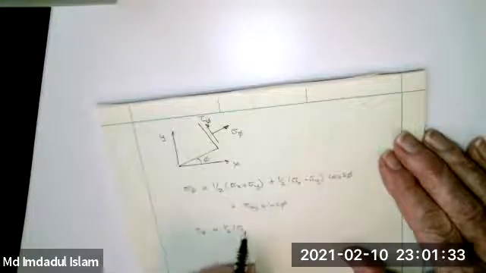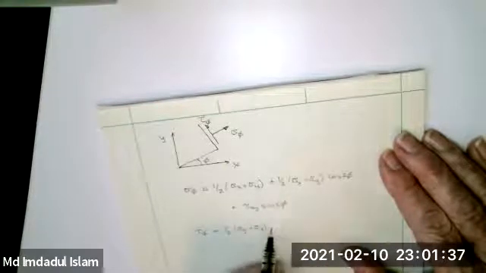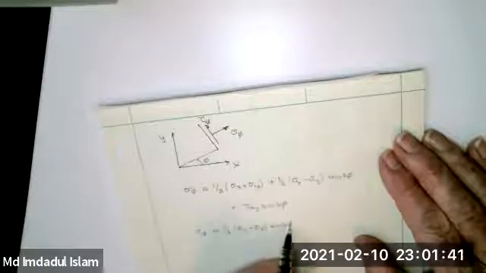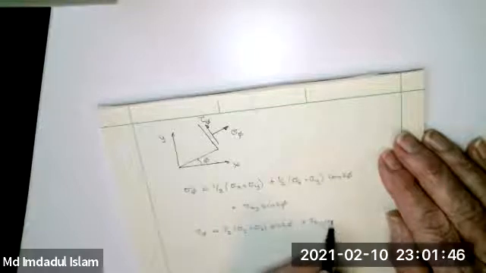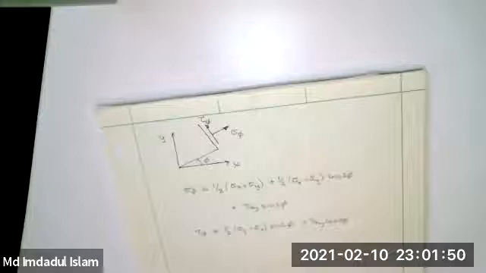So half sigma y minus sigma x. That's not an error on my part; it's the opposite sign to that. And those are basically the underlying equations for Mohr's circle.